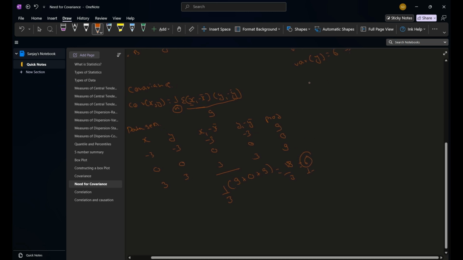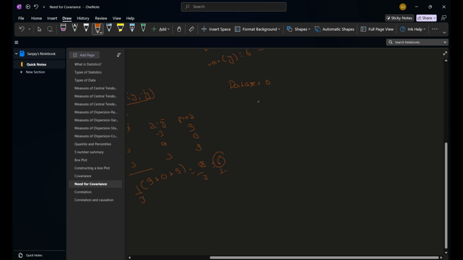Let me try to find it for dataset B also, where x, y, xi minus x bar, yi minus y bar, and then the product. Here it is minus 3, 0, 3 for x and 3, 0, minus 3 for y.